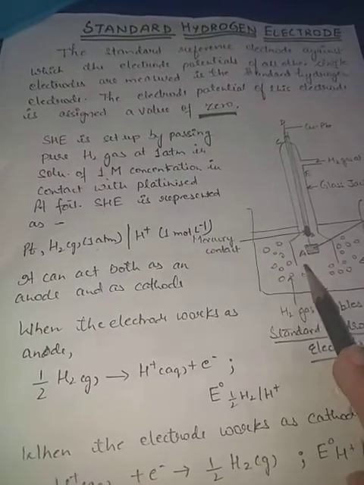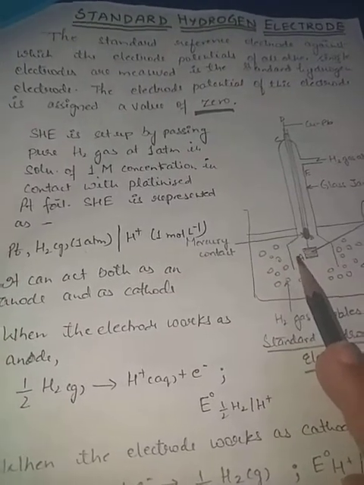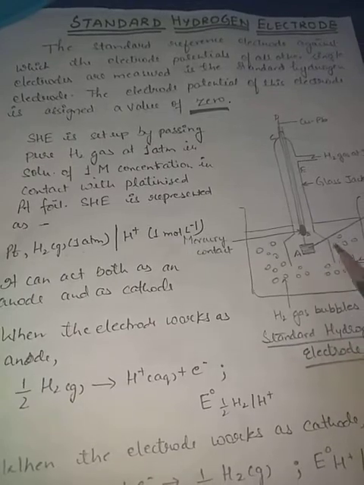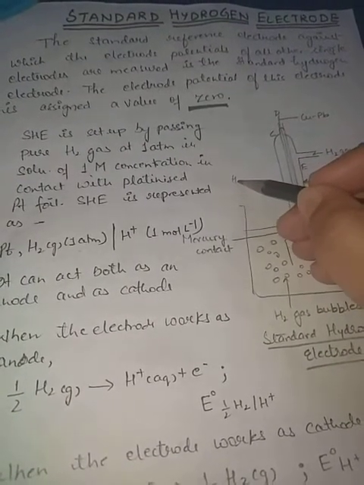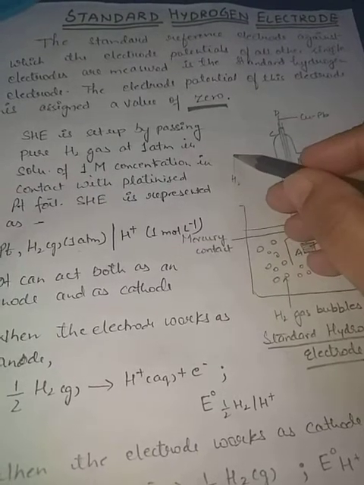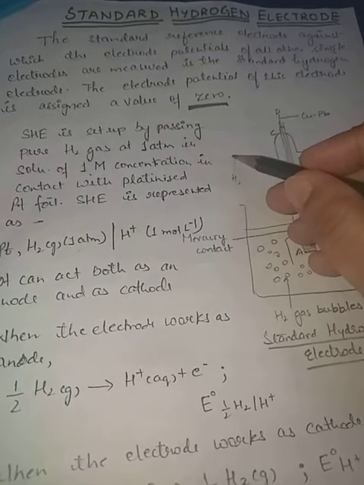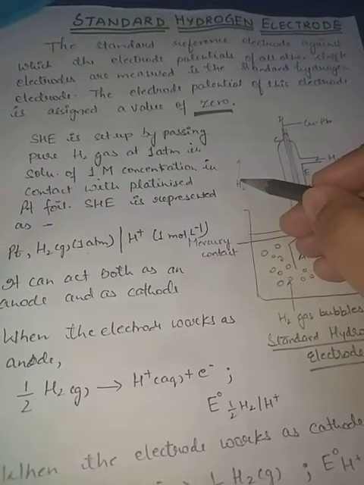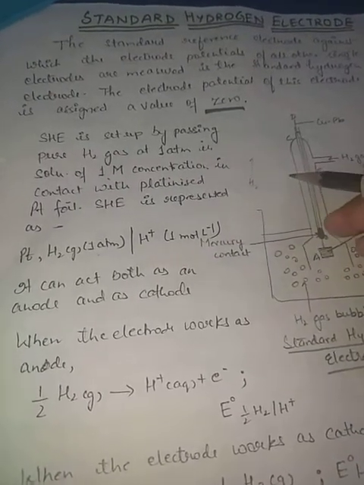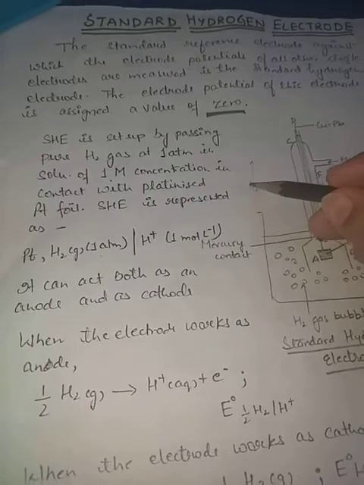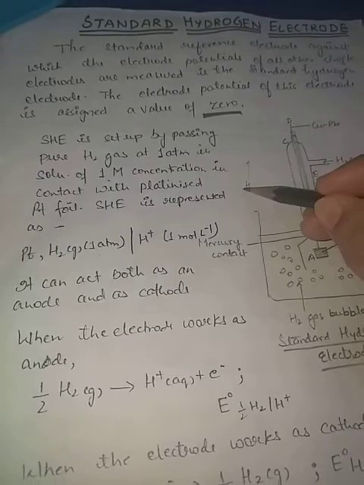This can act as both cathode as well as anode. We have read in previous classes that all the metals above hydrogen can displace this hydrogen from the solution.